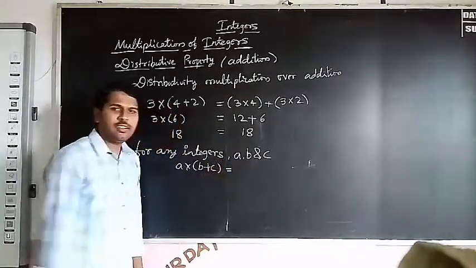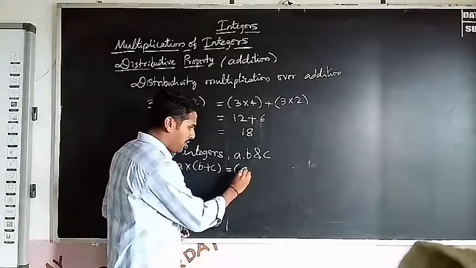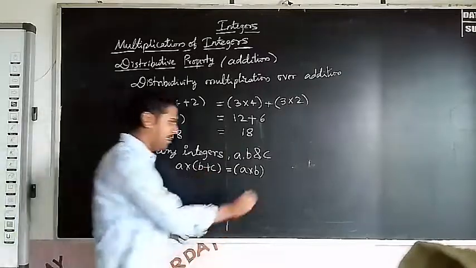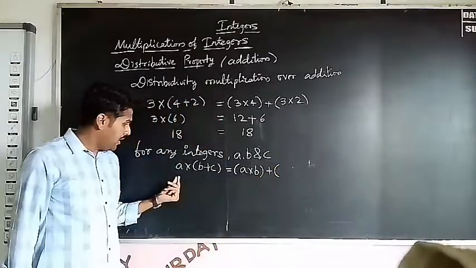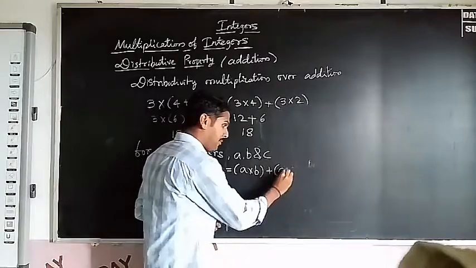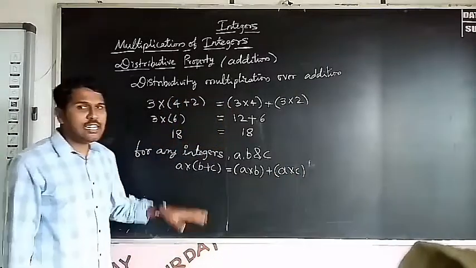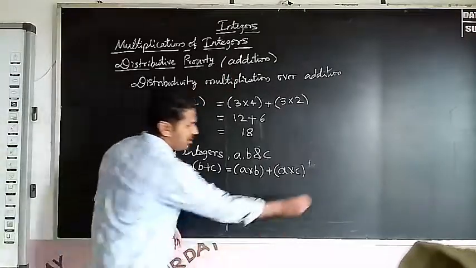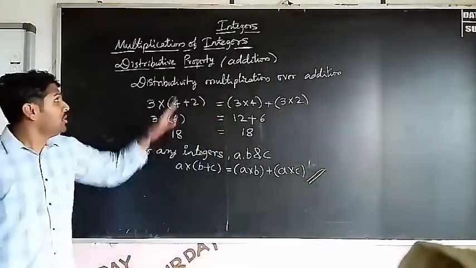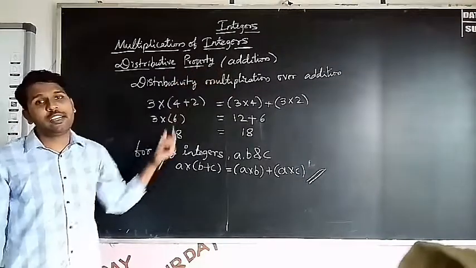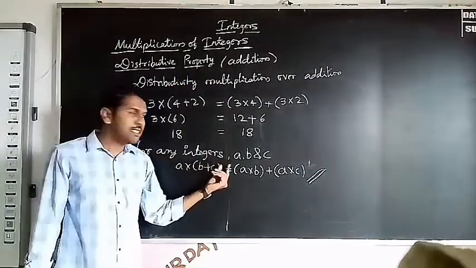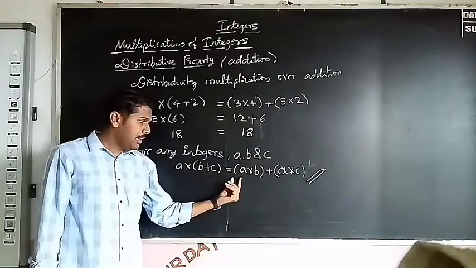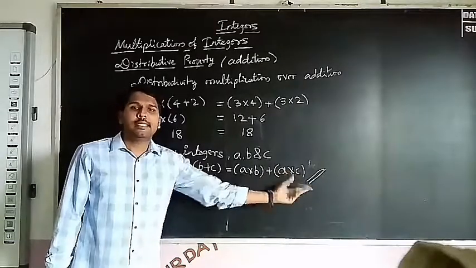So how to write this one? Again multiply a into b, first a into b. After that addition sign. Next multiply a into c. So this is the distributive property under addition. In general, for any integers a, b and c, a into bracket b plus c equals a into b plus a into c.